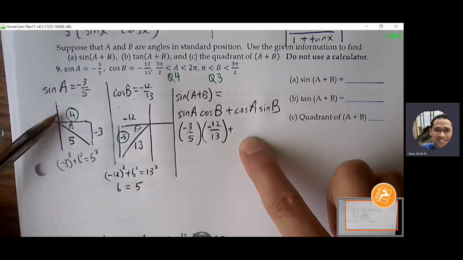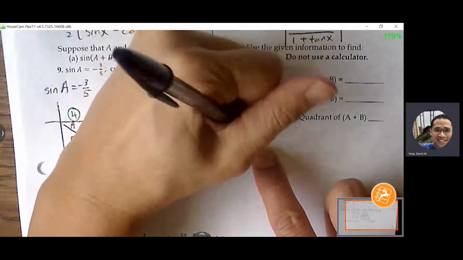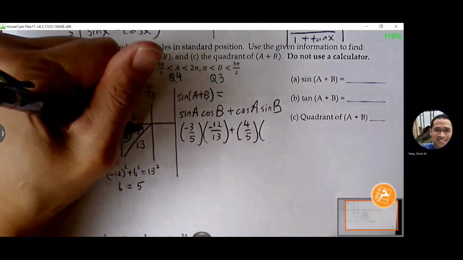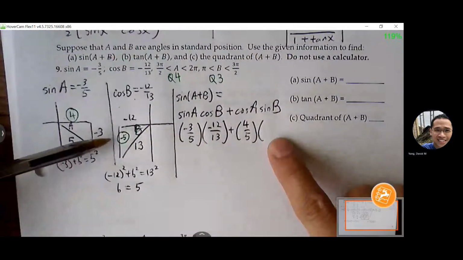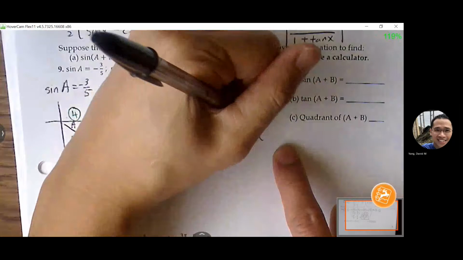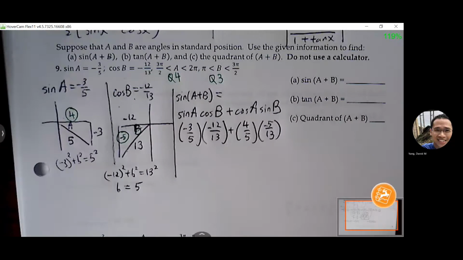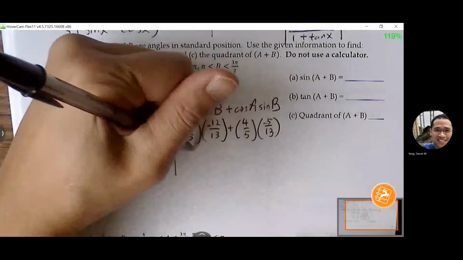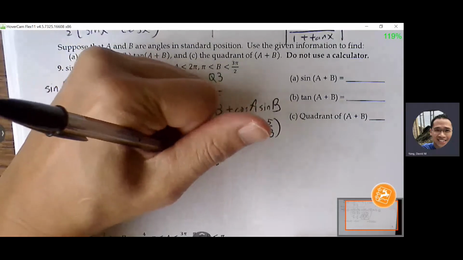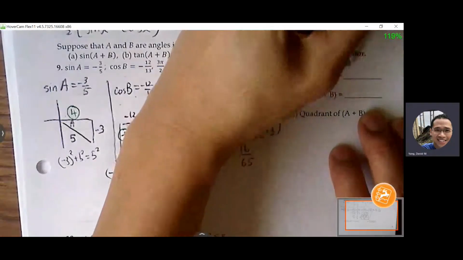SOHCAHTOA, right? Adjacent over hypotenuse, 4/5. What's sine of B? Sorry, I meant to put B here, not theta. Good, -5/13. This is 36/65 minus 20/65, which is 16/65.